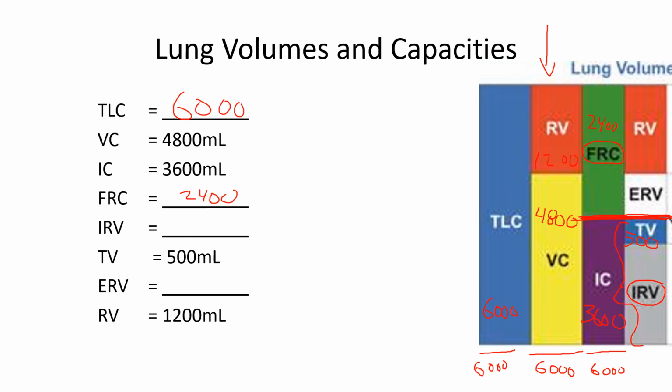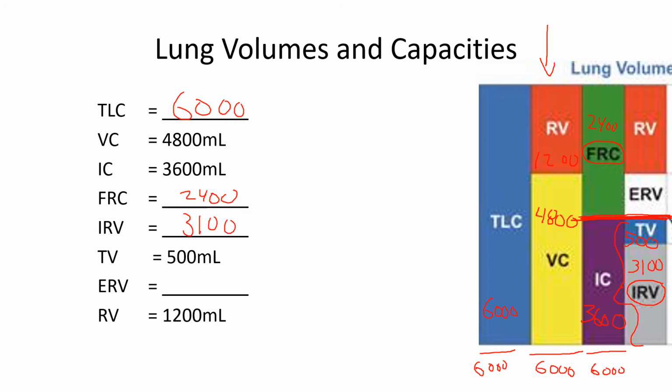What number plus 500 would equal 3,600? You want to find out IRV, right? So I know this column is 3,600. This also needs to be 3,600. So this is 500. How much left to get to 3,600? 3,100. There you go. Very good. So IRV is 3,100.